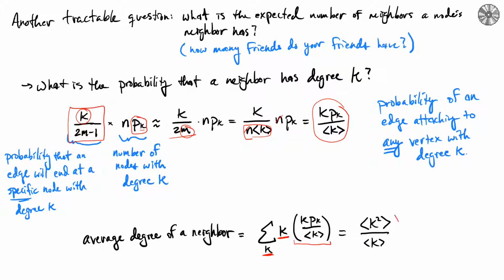And so that yields us this expression for the expected number of neighbors that we think a neighbor will have. And we're going to use that in the friendship paradox to show that that is different than what is perceived as your average degree, which in general is just this. So in general, your neighbors look like they have more connections than you think you do. And that's the friendship paradox.